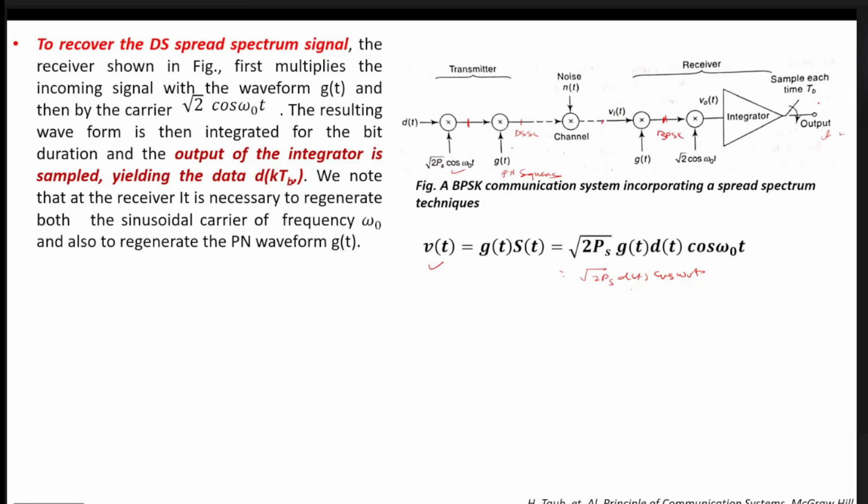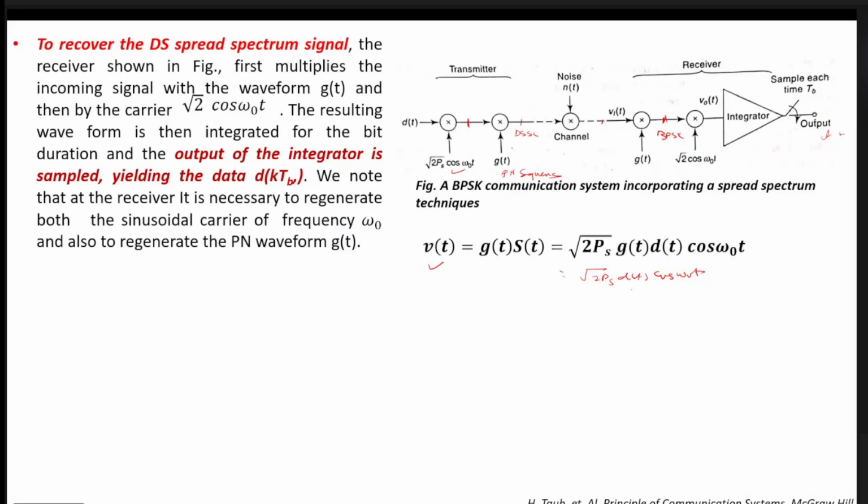Here the decision making device is not mentioned, but ultimately at the last stage we must use the decision making device after the sampling. After taking the sampling at each time period Tb, that sampled value gets compared with a predefined threshold, and if that value is higher than the threshold, it decides that 1 has been transmitted, otherwise 0 has been transmitted. Correspondingly d(t) is recovered.